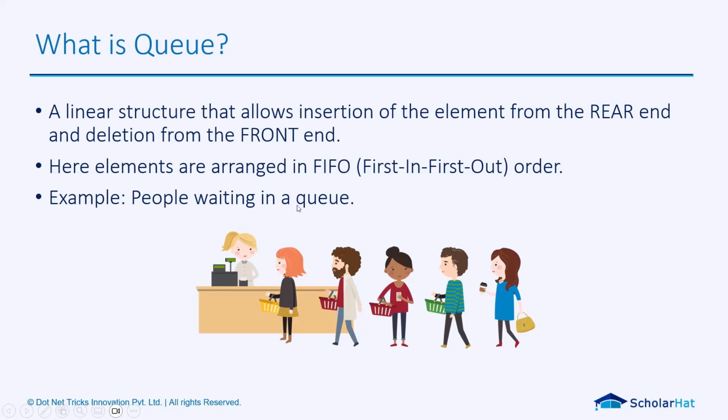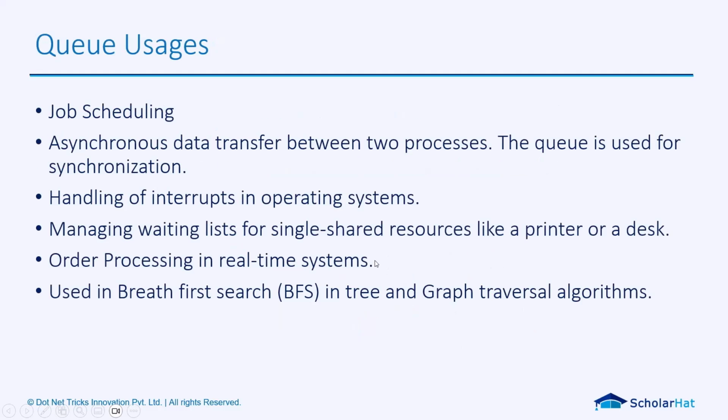For example, people waiting in a queue. You might have seen lots of applications where you keep your songs in a queue; these are implemented by the queue data structure. Where is it actually used?